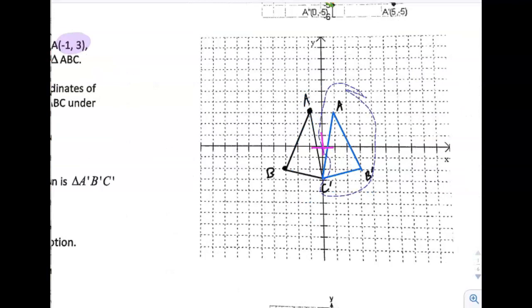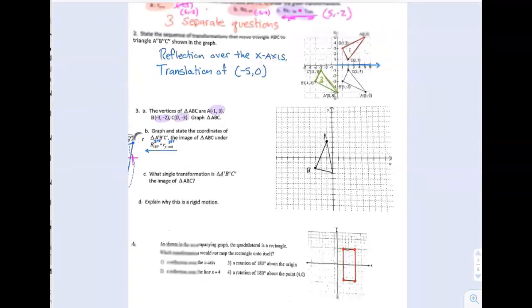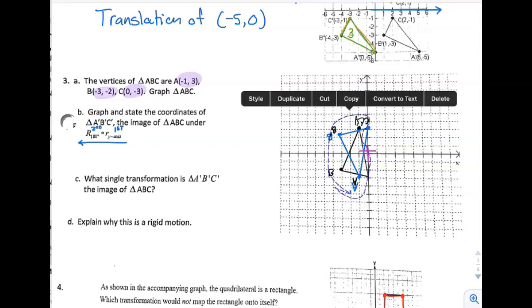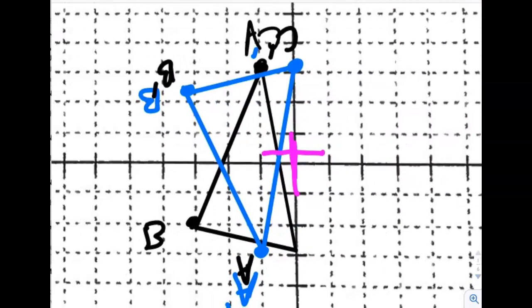So now I'm going to attempt to rotate this 180 degrees around the origin. Patty paper will be a lot easier than the way I'm doing it. And it ends up right there, if you do it correctly.